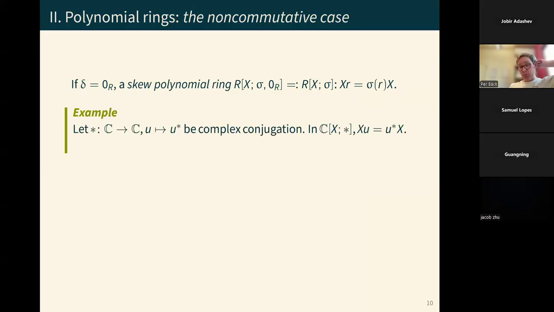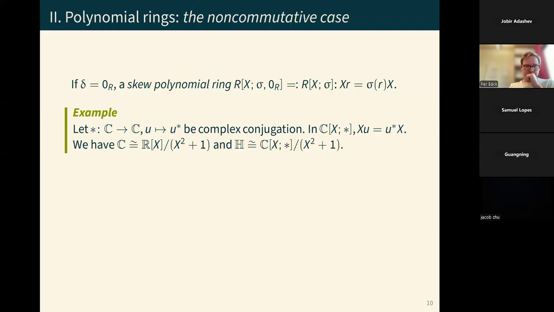The classical example is if you take the complex numbers and use complex conjugation as a map, which is an automorphism. You can skew the multiplication in the complex polynomial ring with this complex conjugation.